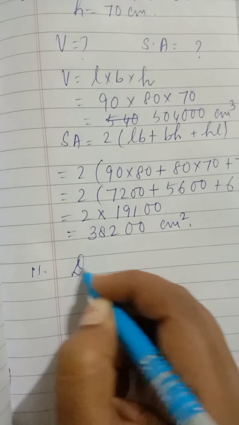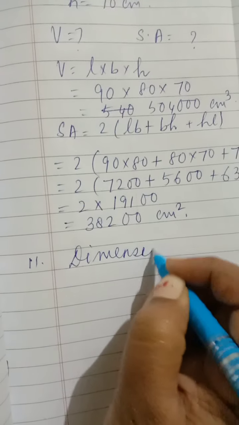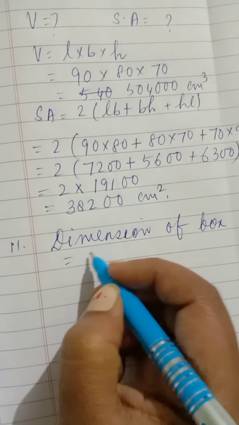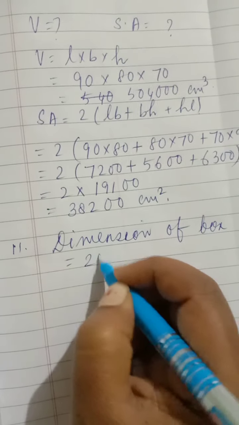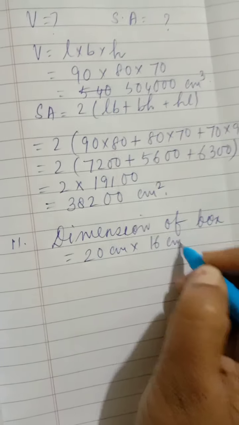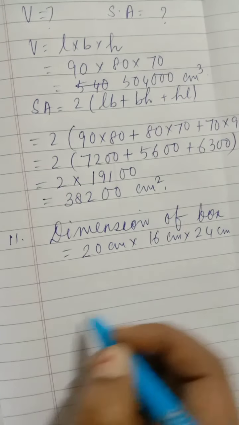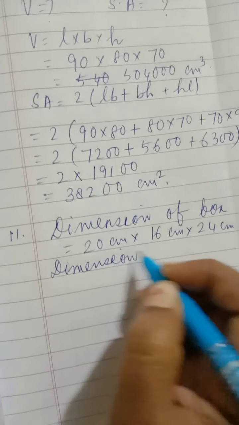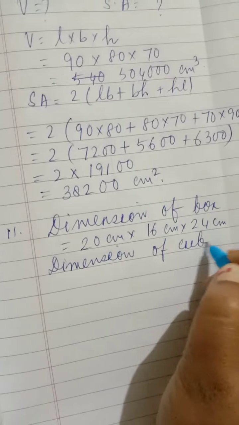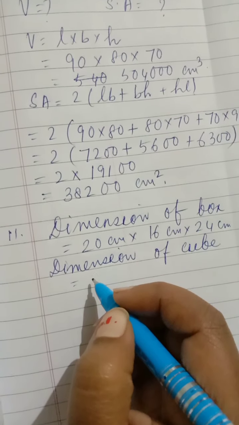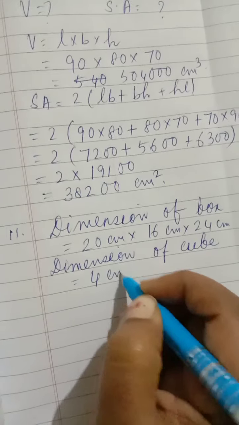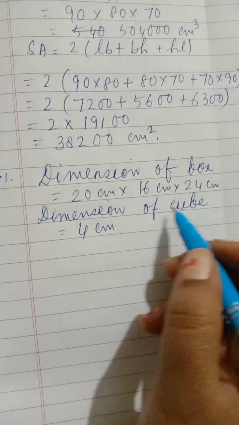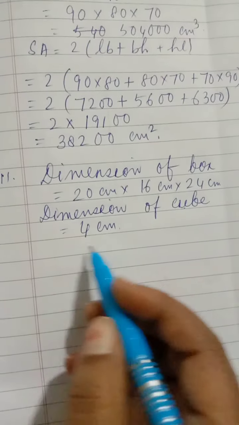So here the dimension of the box is given as 20 centimeter by 16 centimeter by 24 centimeter, and the dimension of the cube is given as 4 centimeter. So here we have to place these cubes in this box. So how many cubes can we put?